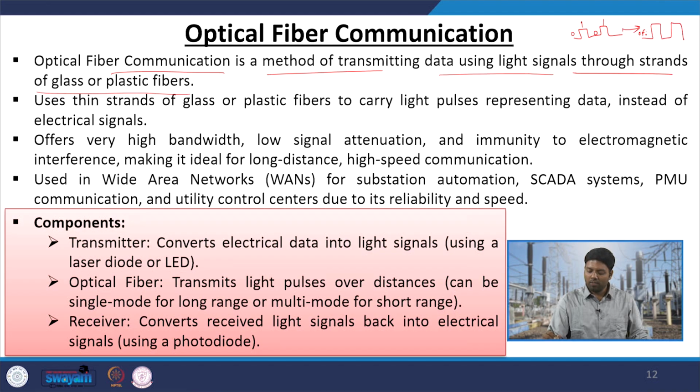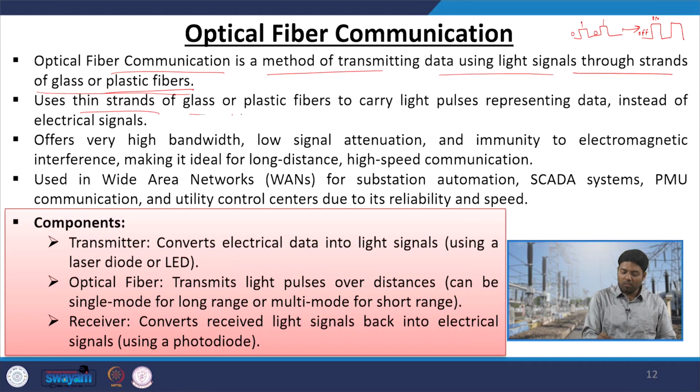This is your off, this is your on. You just switch a light on and off, and that light will be transmitted through the medium from the sending end to the receiving end, and by decoding those lighting events you can see what digital data you are receiving, and that is done through glass or plastic fibers.